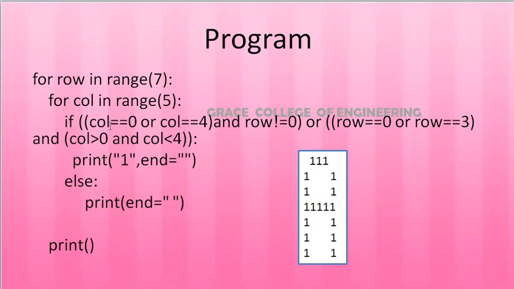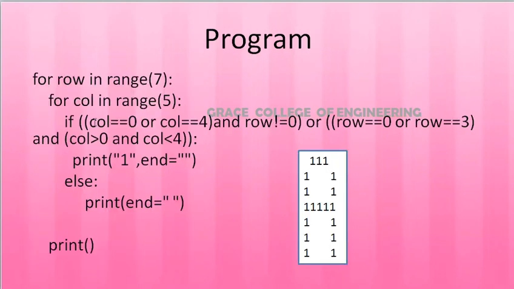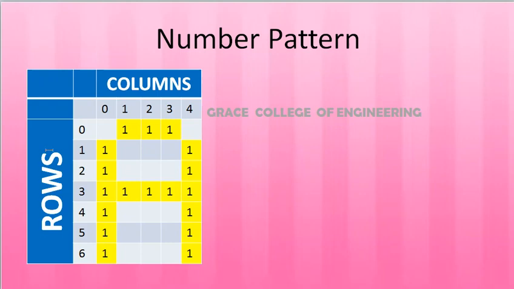First condition: I am going to print column 0 once and column 4 once. For that I am going to write the program. If column equal to 0 or column equal to 4, that is, we have checked 0 and 4.